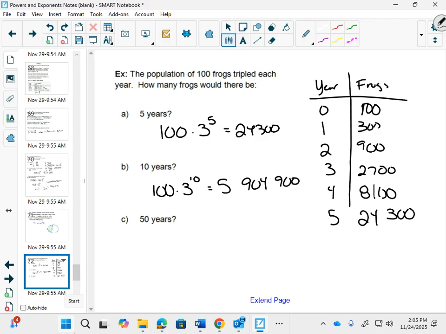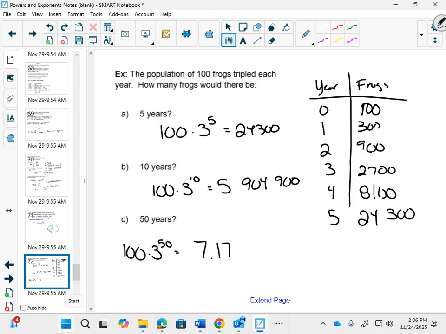What about 50 years? How big of a number do you think this is going to be? 1 billion. Let's try it. Get out your calculators. It's so big that my calculator goes to scientific notation. It has an E at the end. I'll show you what that means.